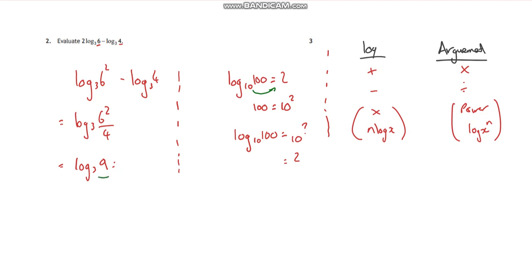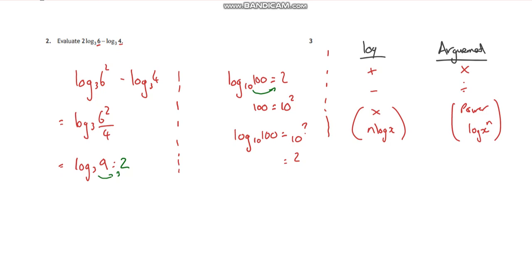You're moving your 3 over and saying, 3 to the power of what is 9? So your what is 2, because 3 to the power of 2 is 9. All right, so your answer is 2.